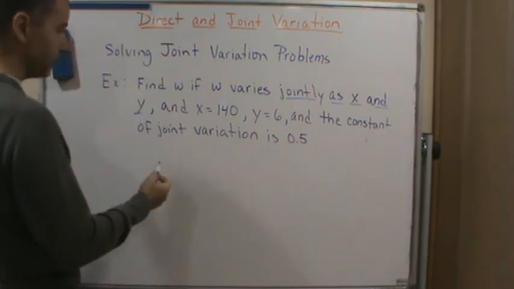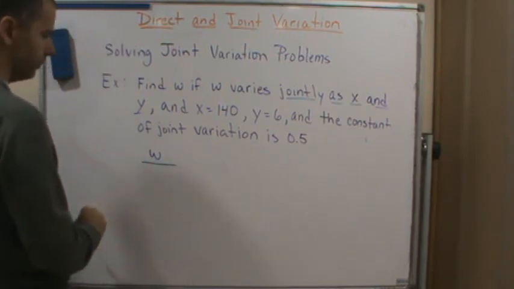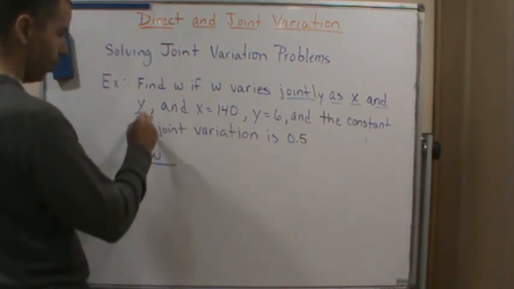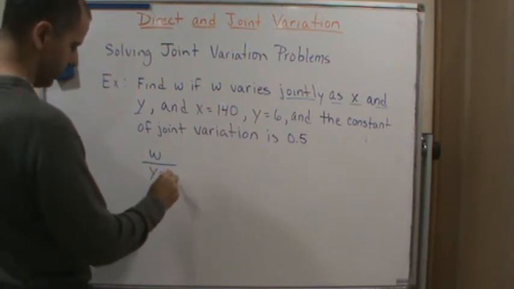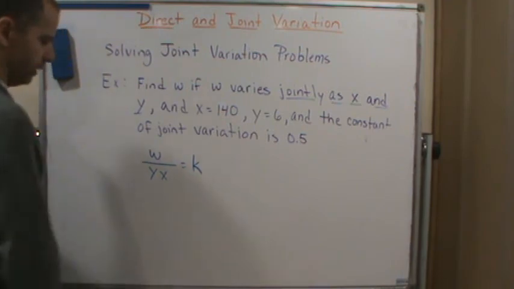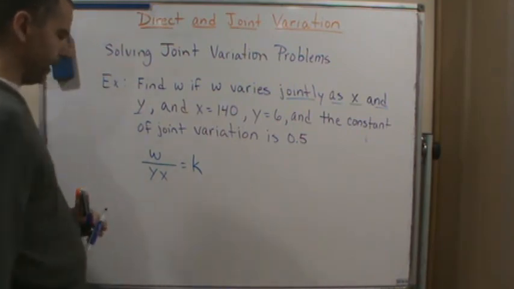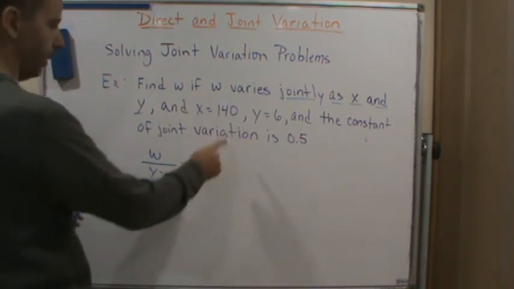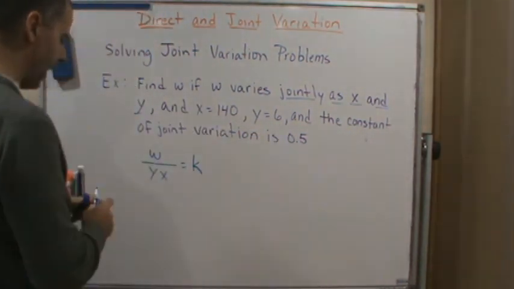So that means when I set this up, W over Y and X must equal the constant of joint proportionality, or joint variation. So now, what do they give us? Well, they give us information. So now that we got this set up right, now we just plug and chug. Well, X is 140, Y is 6, and the constant is 0.5.